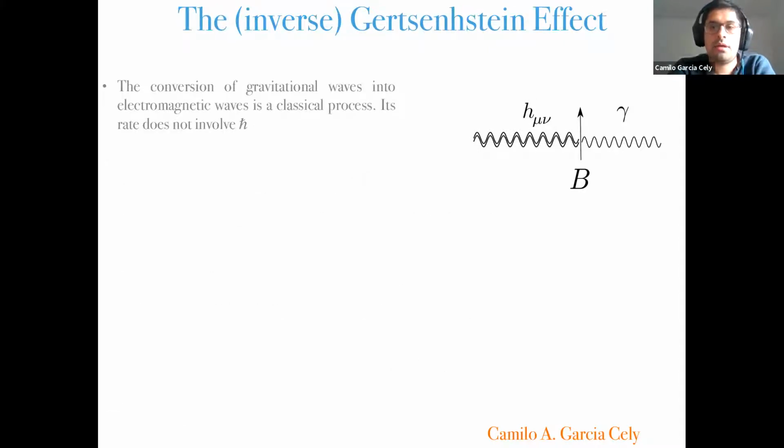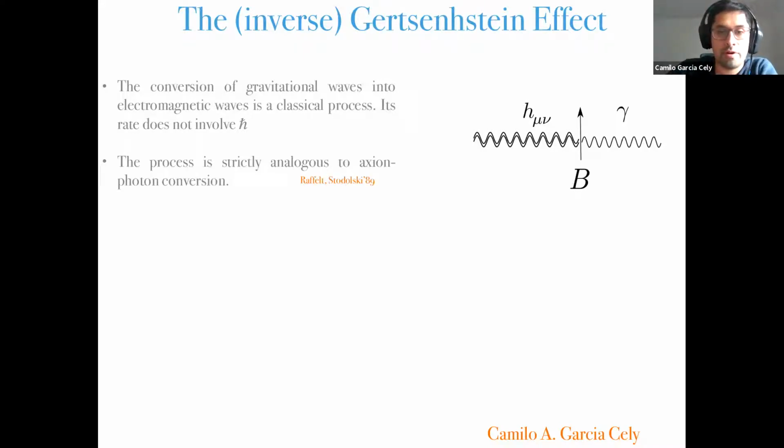Okay, so before discussing the cosmological aspects, I will briefly introduce and motivate why we are interested in cosmological detectors. The first thing that I want to emphasize is that this is a classical process, in the sense that it only involves classical electrodynamics in general relativity.